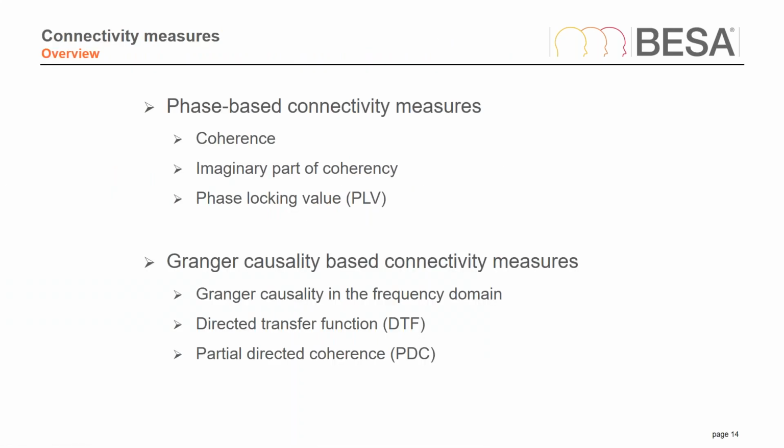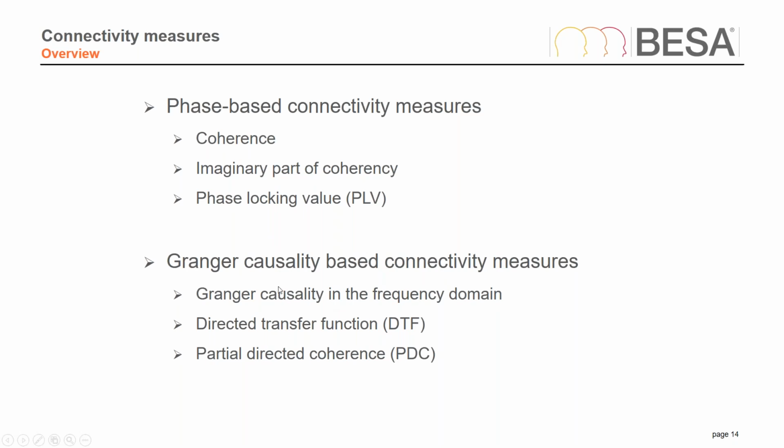So looking at connectivity measures, many of them are phase-based connectivity measures. This means they use the relative phase between two channels in the connectivity calculation. And in order to do this, we need the real and imaginary parts of the wavelets. So typical phase-based connectivity measures are coherence, imaginary part of coherency, phase locking value.